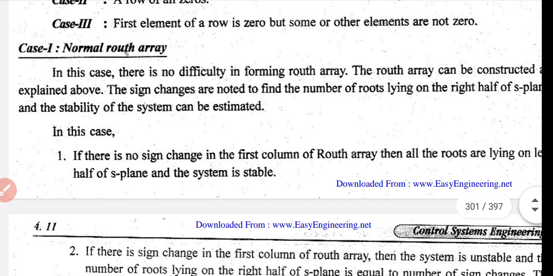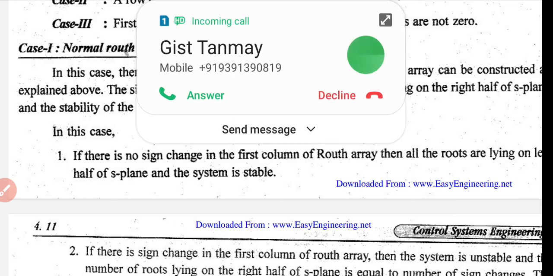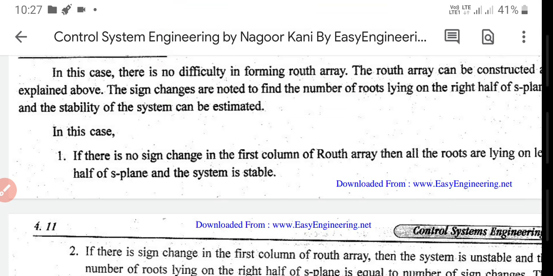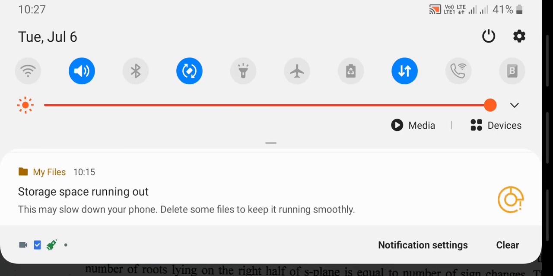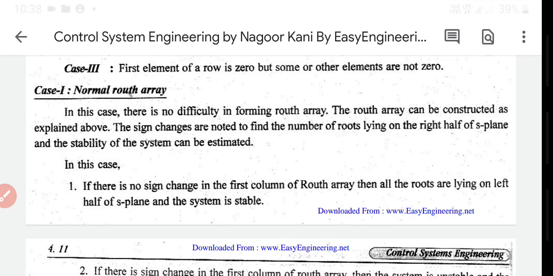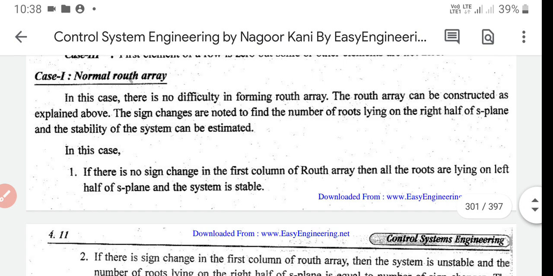So what is the first case? What is the normal routh array here? The routh array can be constructed, and if the sign changes are noted, we can find the number of roots lying on the right half of the S-plane, and the stability of the system can be estimated.